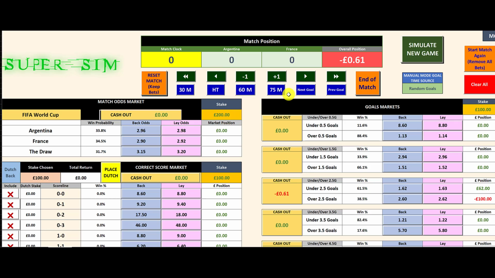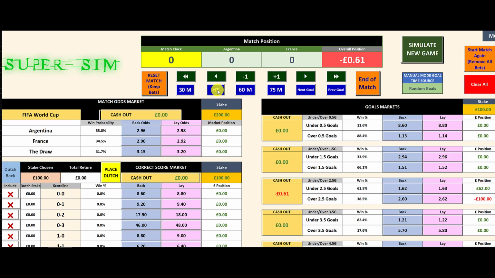Half time 0-0, that is. If there is a goal, it's actually a bit of an opportunity. We would be then backing under 2.5 goals, looking for a further goalless period, and we could then take a potentially bigger profit from that trade. Okay, so that's the idea behind it, and let's roll it forward.